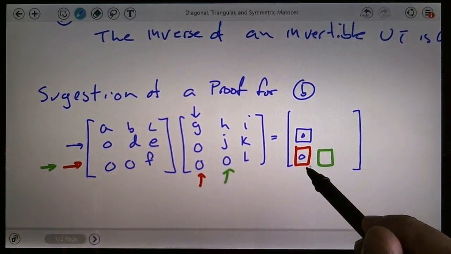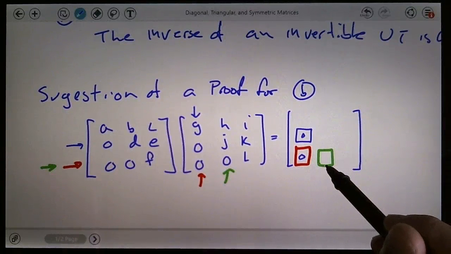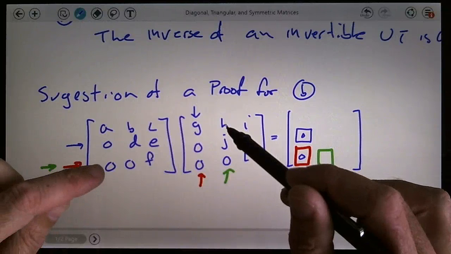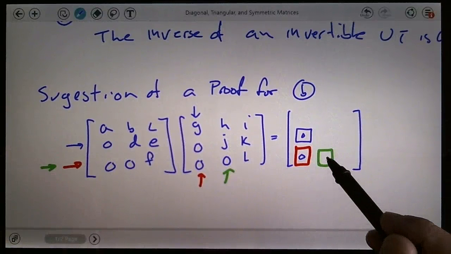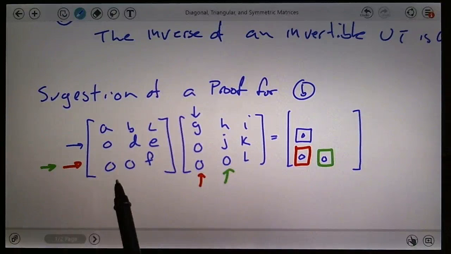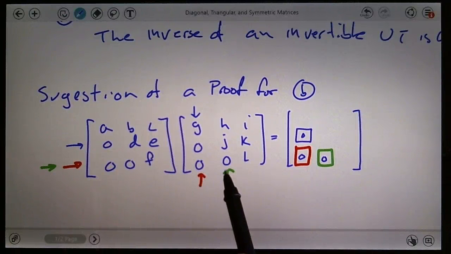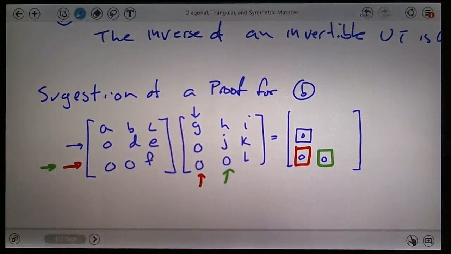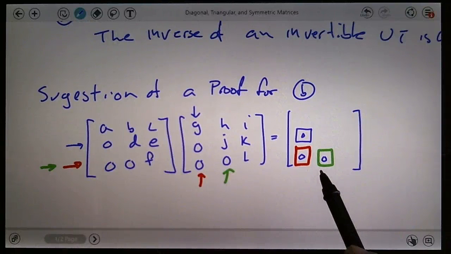And then lastly here, the third row, second column. So take the third row times the second column. I've got 0 plus 0 plus 0. There's just enough zeros from either one side or the other to make every one of the products in my sum here, 0 times h, 0 times j, f times 0, every one of those products has a 0 in it, so when I add them all up, I end up with a 0.